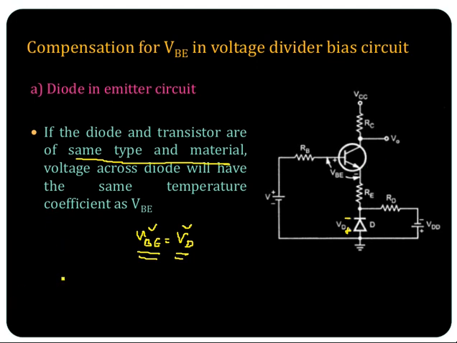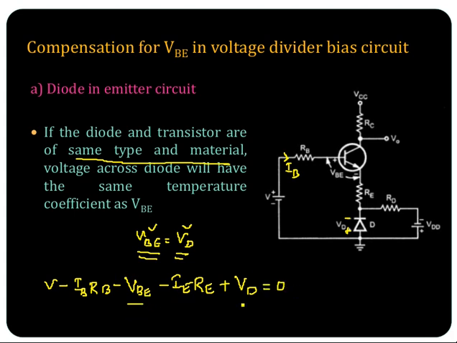If you write the KVL equation here, V minus IB into RB minus VBE minus IERE plus VD equal to 0, where IB is the current through this.